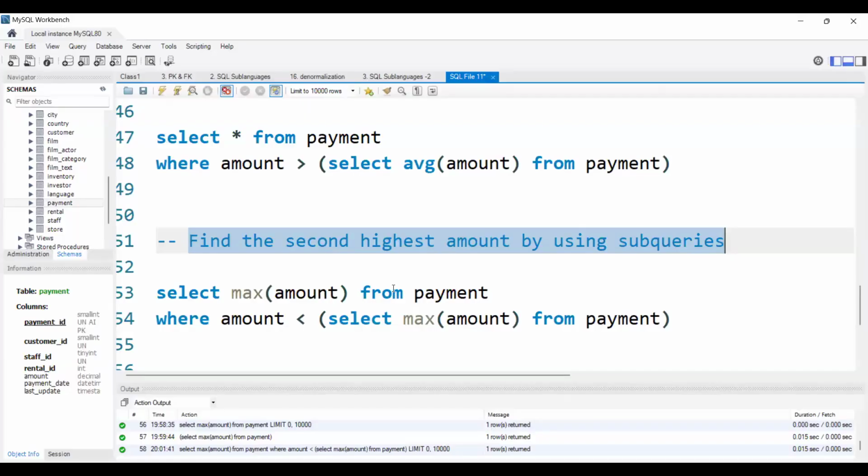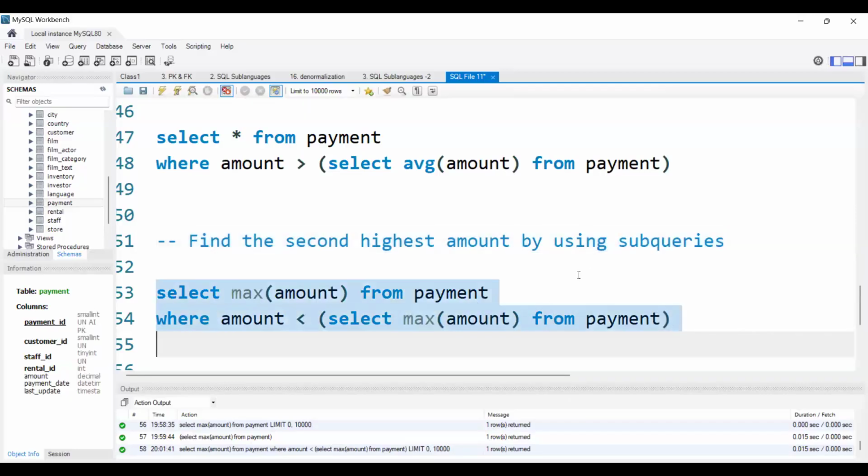Then at least they will come to know that you have some knowledge in that. And then if they ask you to solve it using subqueries, only then try to solve. This is just my suggestion if anyone is feeling difficulty in solving subqueries. With some practice, there are many websites, you will be able to do that.